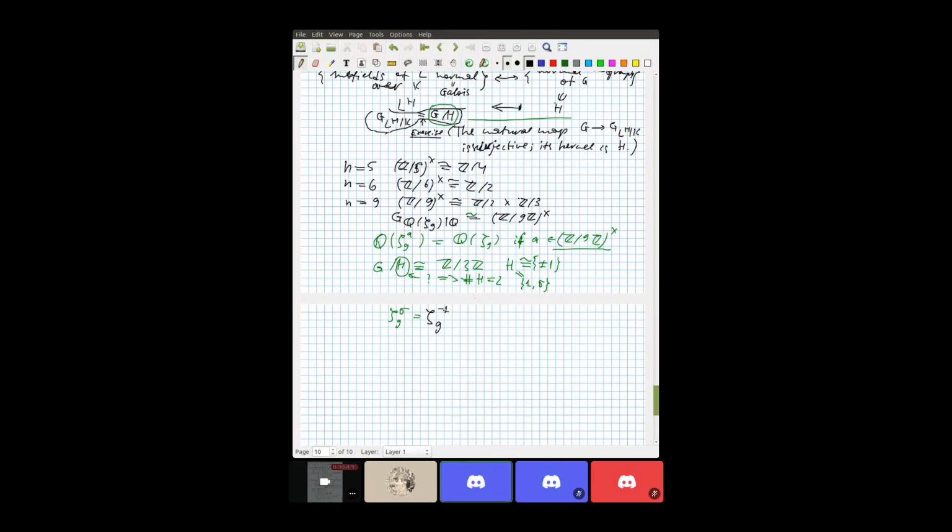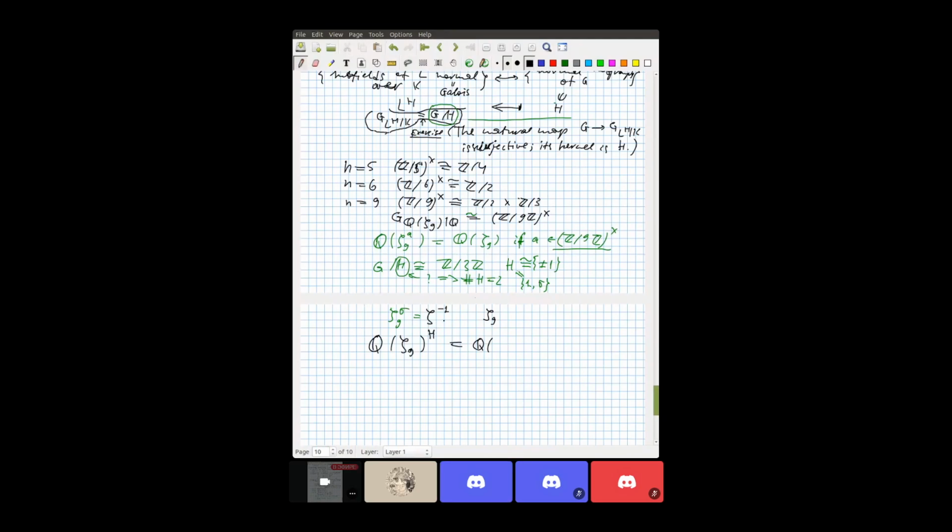Okay, so the question is, what is the fixed field? What elements are fixed by this group? Zeta 9 is not fixed, because it goes to its inverse.